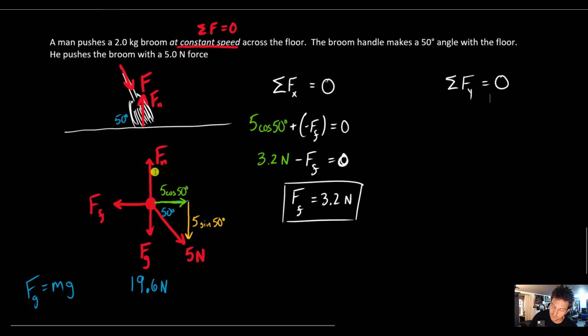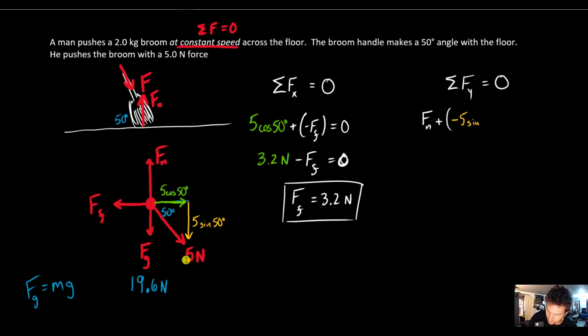So going up, I have the normal force, so positive normal force, plus then I have going down, right here, 5 sine of 50, so minus 5 sine of 50, minus the force of gravity equals 0. I should have said plus negative force of gravity, and that's all equal to 0. So I'm netting all the forces that are pointing in the y direction, and those should all equal 0.